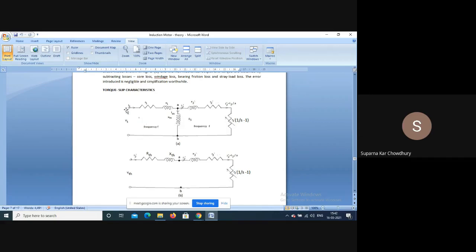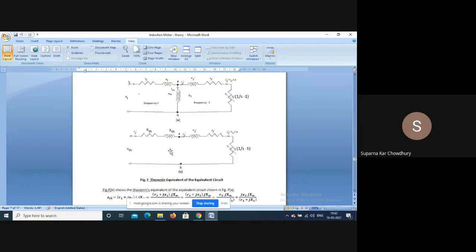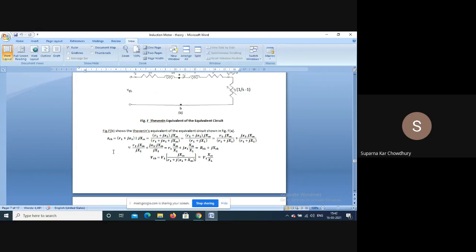So the voltage will be V1 divided by the total impedance into JXM. That will be the Thevenin voltage, and for the Thevenin resistance, the source is replaced by its internal resistance, which is negligible, so it is shorted. So the Thevenin equivalent impedance will be JXM in parallel with R1 plus JX1. So our Z Thevenin is R1 plus JX1 in parallel with JXM.